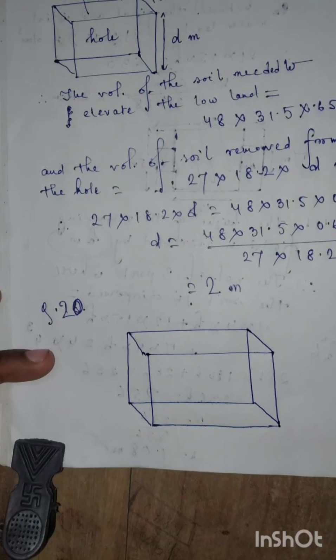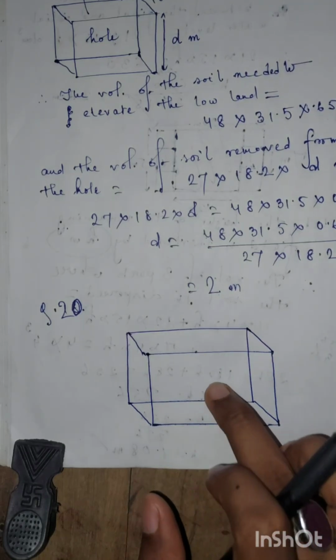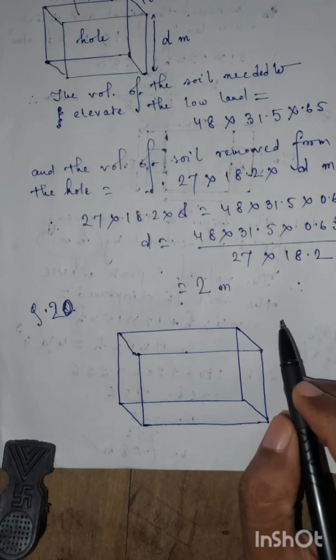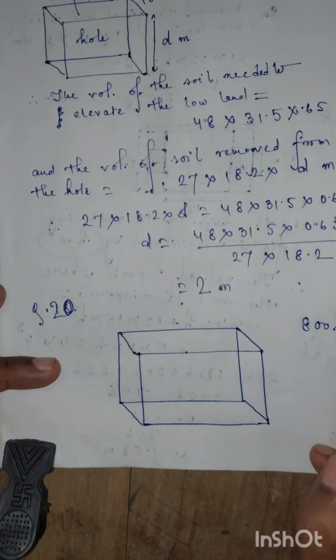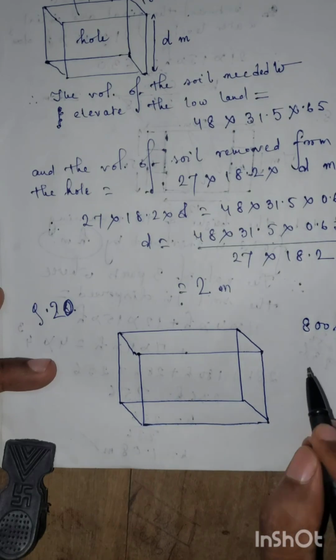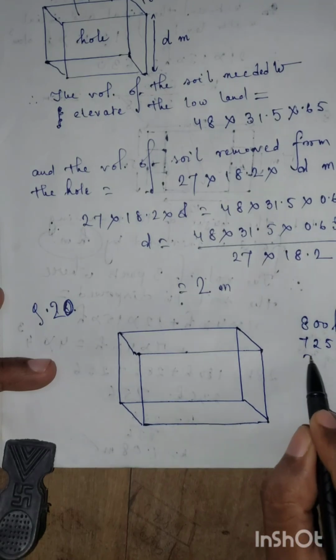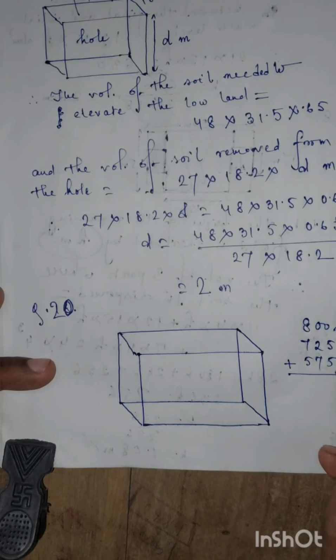And the total volume of oil that has been transferred to this container is 800 liter, 725 liter, 575 liter.